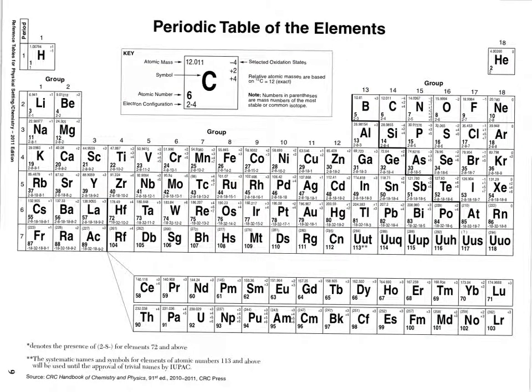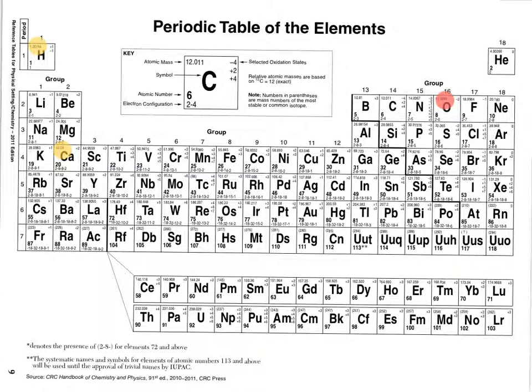So the molar mass of calcium is 40.08. We know that oxygen has a molar mass of 15.994. I'm going to make that 16. And we know that the molar mass of hydrogen is equal to 1.